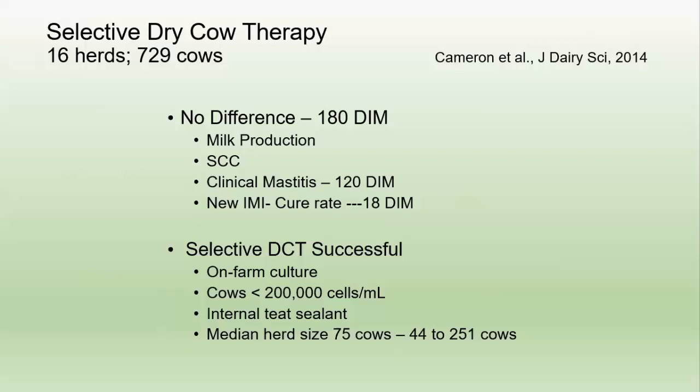It is important to note that the median herd size in this study was 75 cows, and the range was 44 to about 250 cows. Thus, larger dairies that may also have employees as part of their program to dry cow treat cows or do cultures will have to take this into effect, especially employee training.